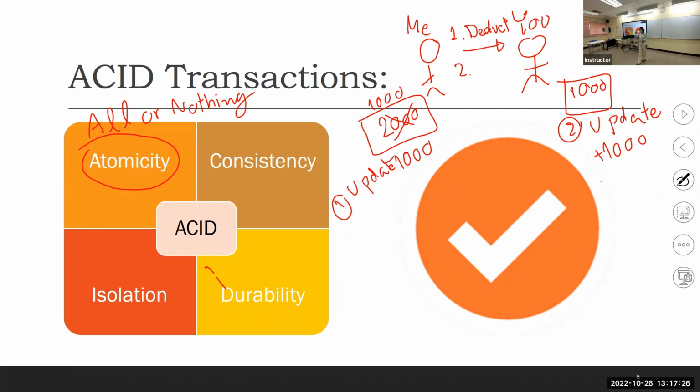These are 2 database operations. All or nothing means that if something happened and the transaction must be canceled, then my account should become 2,000 baht and your account is zero, right?